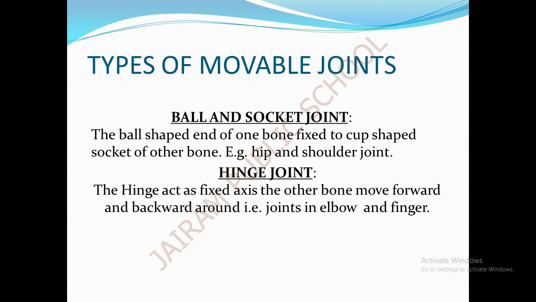In the hinge joint, one bone stays fixed and the other bone moves forward and backward. The examples are the joints in the elbow and fingers. So, one end of the bone stays fixed and the other end of the bone moves. Let us see the next type of joint.